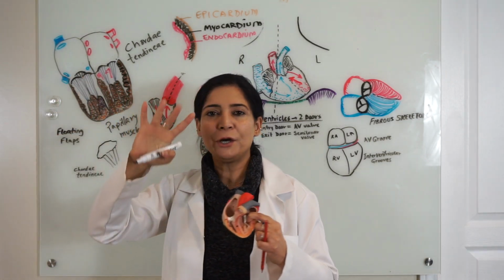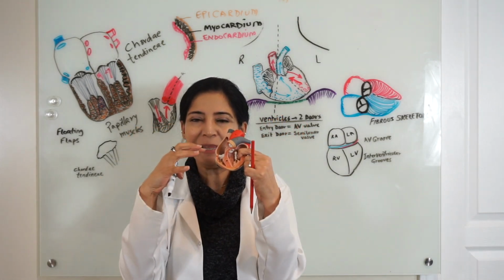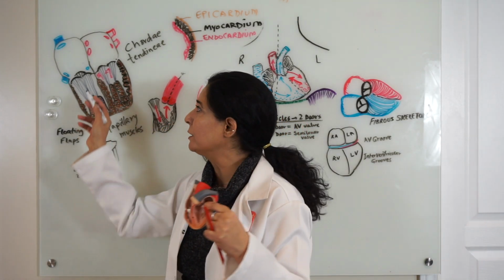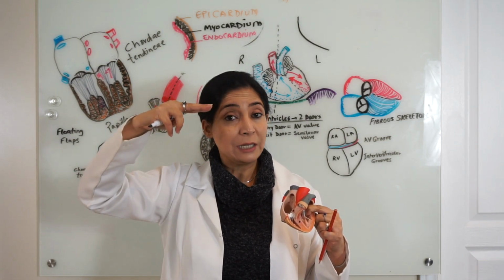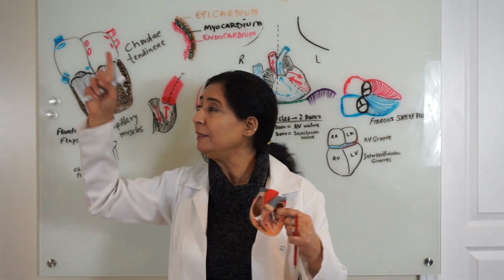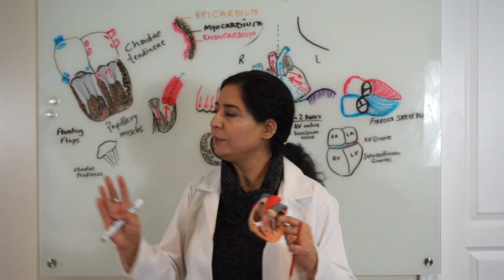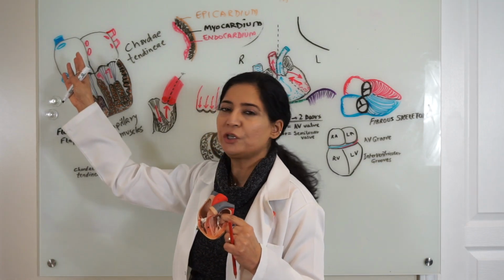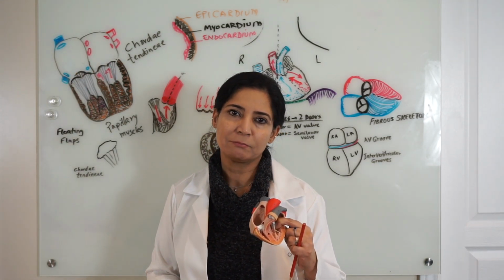The puppets are the cusps. So these cusps will be approximating each other, and by doing so they are going to close the door between the right atrium and the right ventricle, making sure that there will be no regurgitation of blood back into the right atrium.